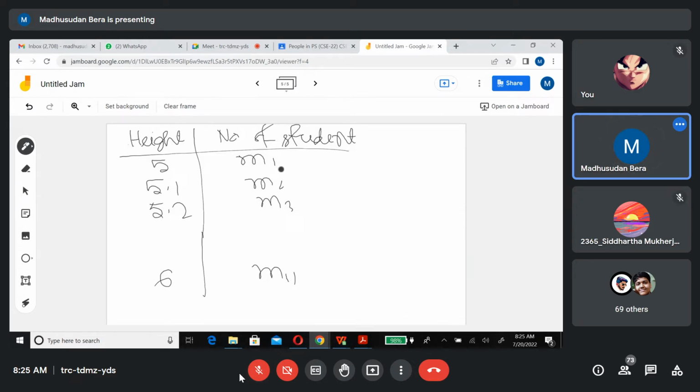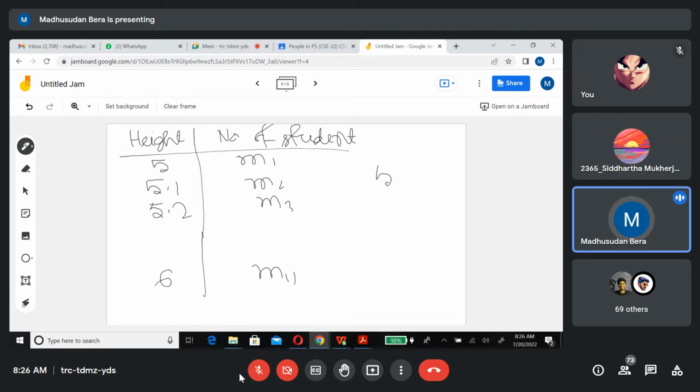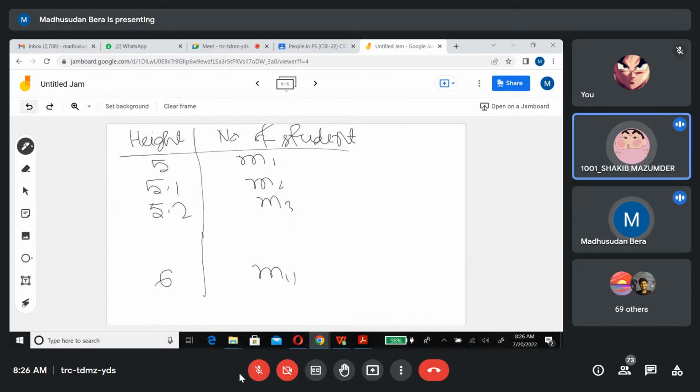Now, what is the probability of a student of height 5 foot? It is M1 by 1000.